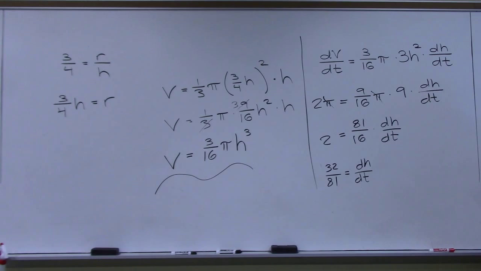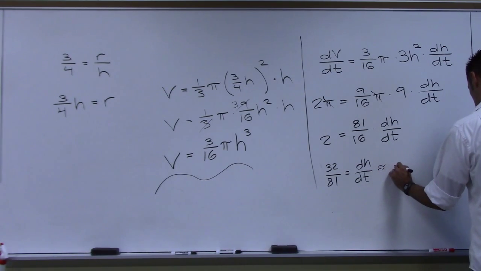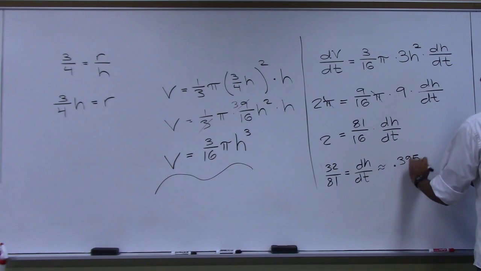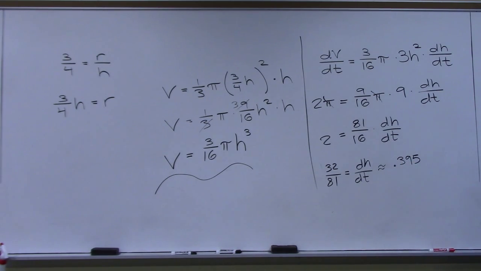And if you want that as a decimal, you can get an approximate answer. It's approximately 0.395. What per what? Inches per second.